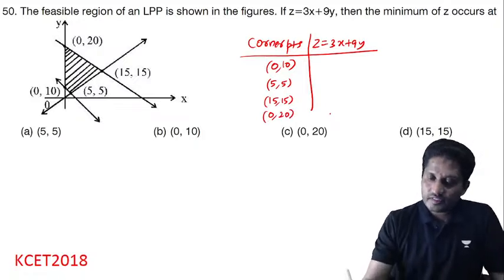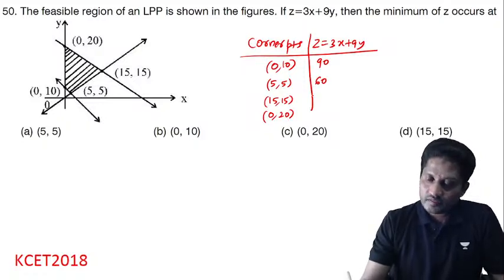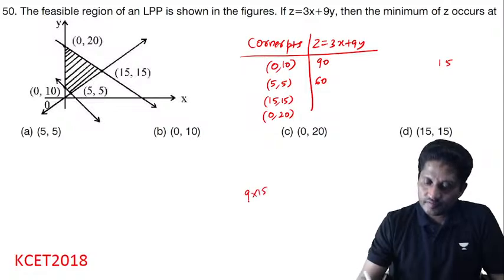0, 10, if I substitute, this is 15 plus 45 is 60. Alright, and then this 15 plus 135, 9 into 15, 135, right?